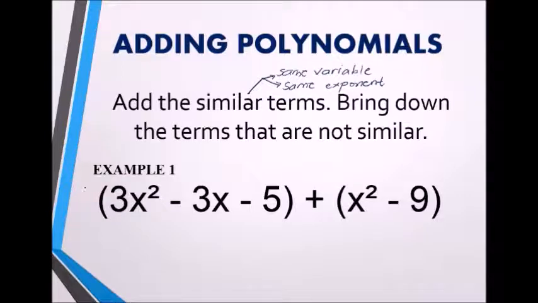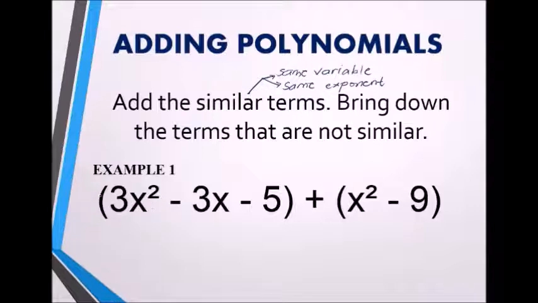So for our first example, we have 3x squared minus 3x minus 5 plus x squared minus 9. The first method that we will be using will be the horizontal method. Sa horizontal method, pwedeng i-rewrite mo or i-regroup mo yung mga terms or pwedeng diretso na agad ng pag-a-add. If you go straight to adding, I suggest that you use markers para matandaan mo alin na yung mga terms na na-add mo.